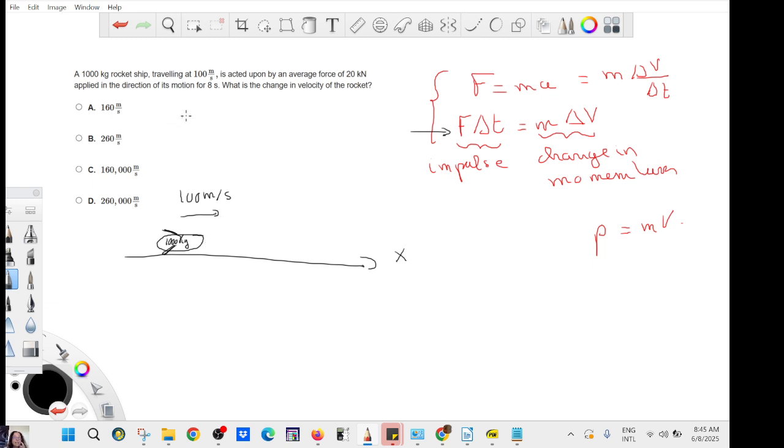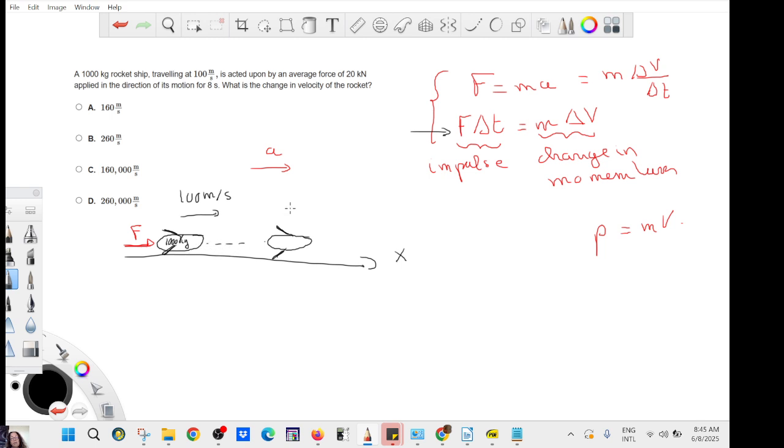Then there's a force applied here from the engine. Therefore you're going to have an acceleration, and you apply that force over 8 seconds.